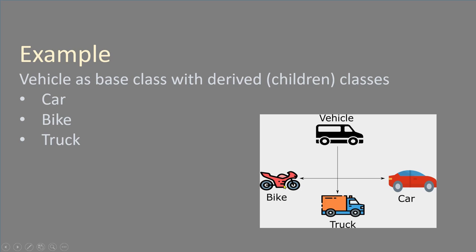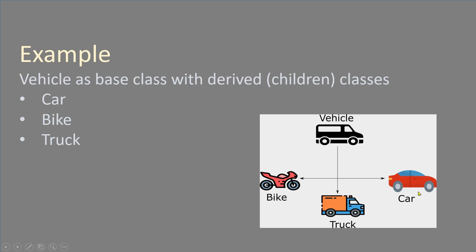For example, the brand name or the manufacturer name, the mileage, etc. While for the specifics, the bike has its own attributes, for example the type of bike, whether it is a sports bike, etc. Same as a truck has its own attributes, for example the number of wheels, the loading capacity, and so on.